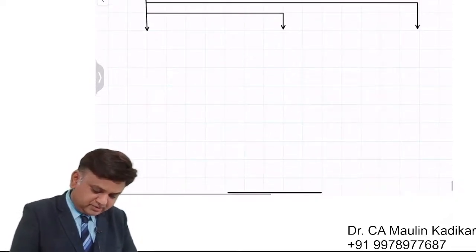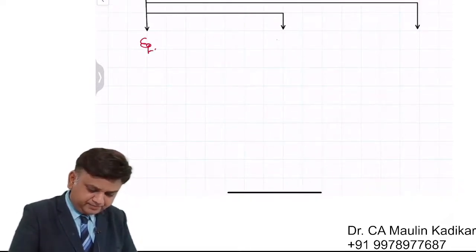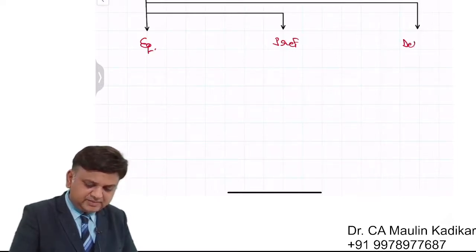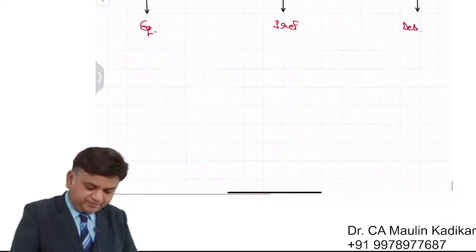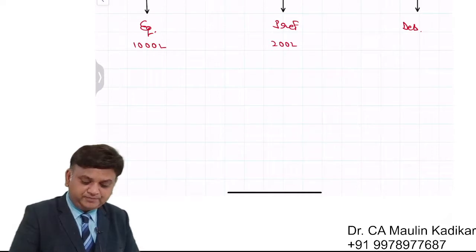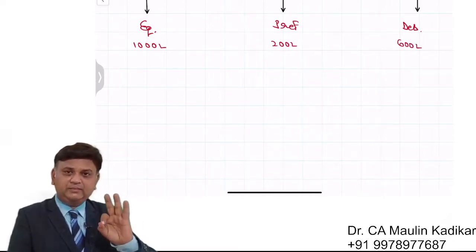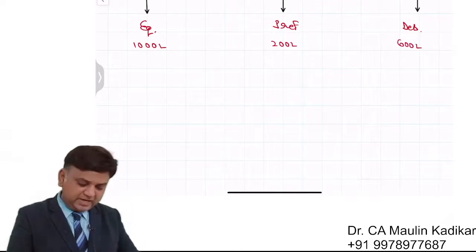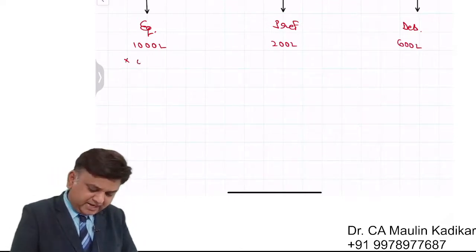So here it is equity, then it is preference share, and then it is debentures. As far as this 1000 lakhs is concerned, or this 200 lakhs is concerned, or this 600 lakhs is concerned, all of them are able to earn at the rate of 12%.